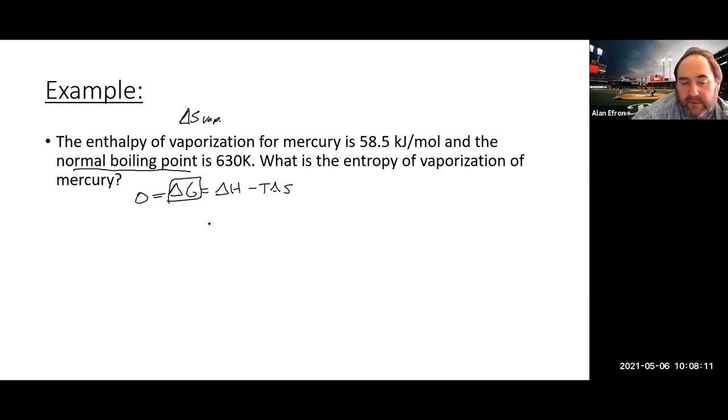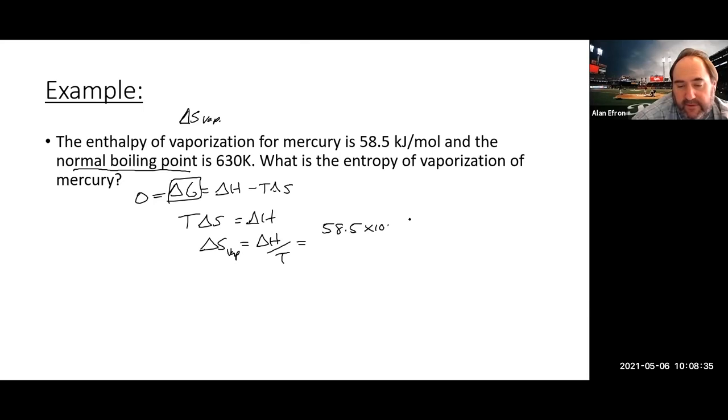That will allow us to rearrange this equation like we did just a second ago and solve for our delta S, which would be of our vaporization in this case. We would put in our 58.5, and I'm going to times it by 1,000 just to convert it to joules, divided by our temperature, which is 630 Kelvin, already in Kelvin.